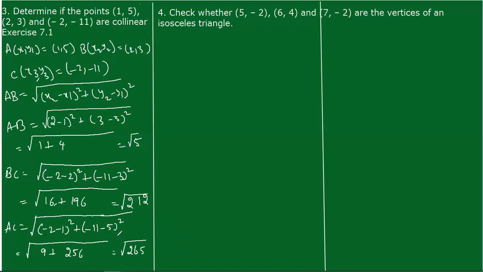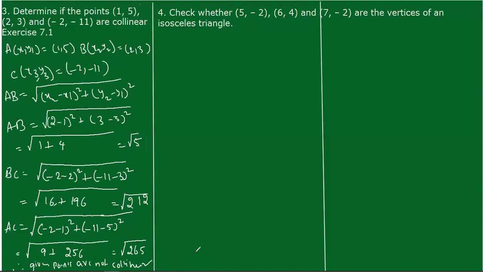That's why the given points are not collinear. Now let's check the fourth one.